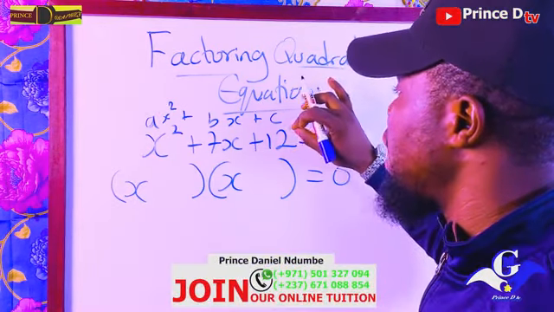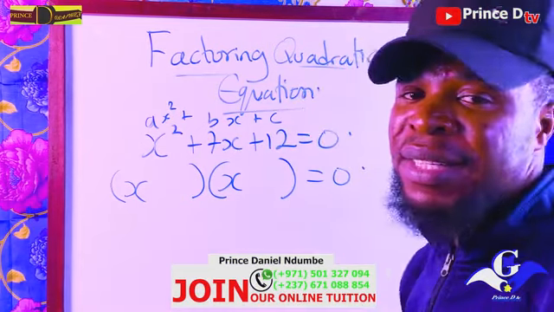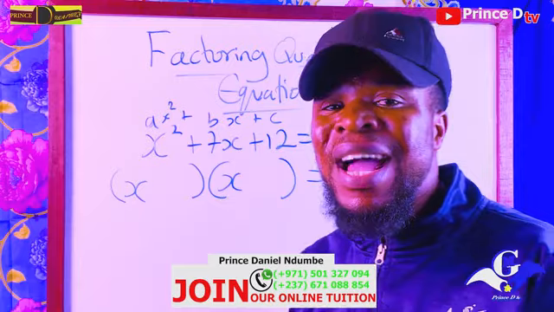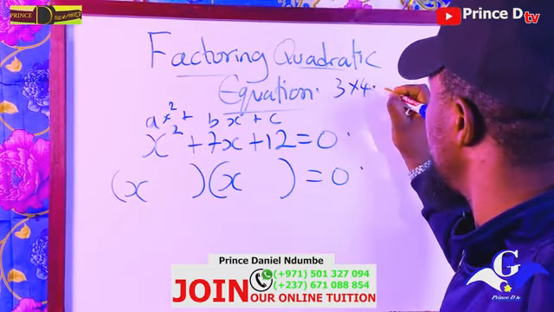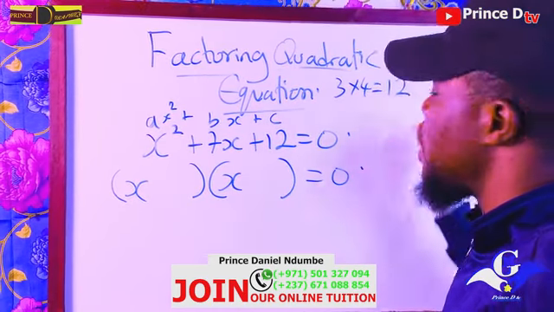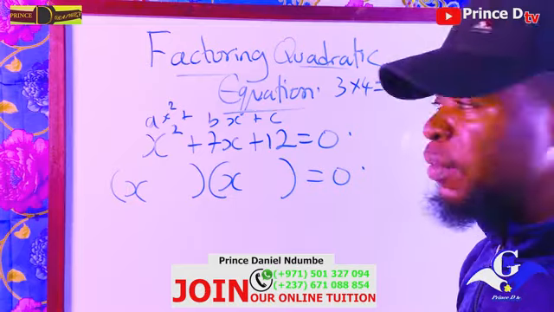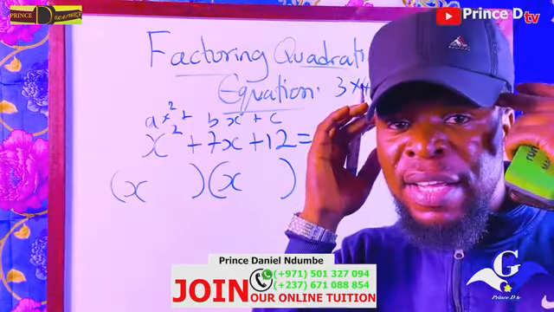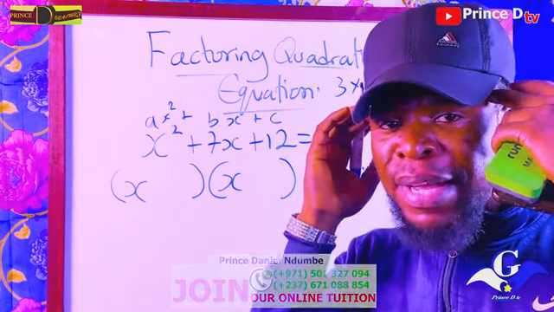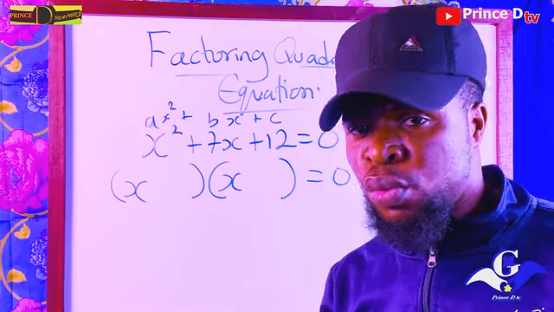Of course, it is 3 and 4. If I have 3 multiplied by 4, of course, I'm having 12. It has given me the constant c. So in my mind, I already know that 3 and 4 can go, but I'm still yet to conclude.